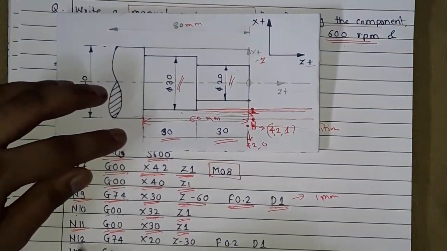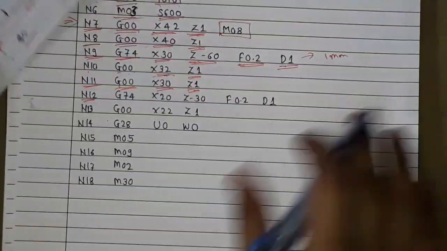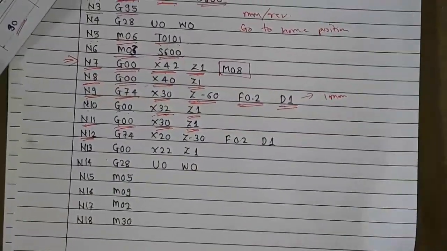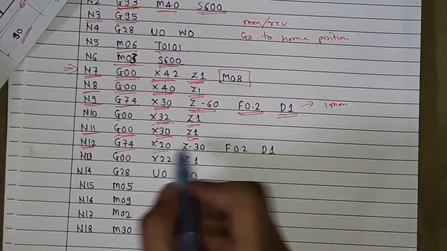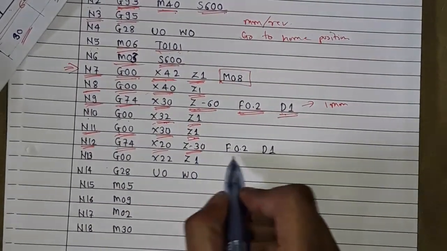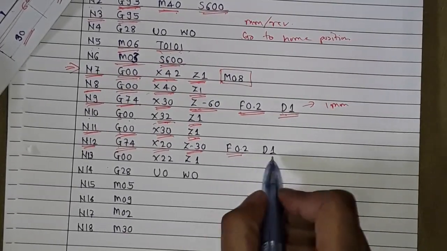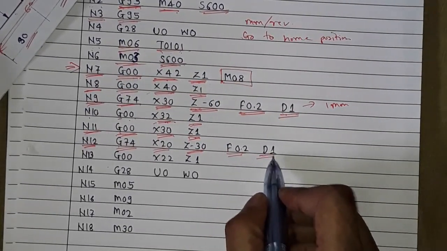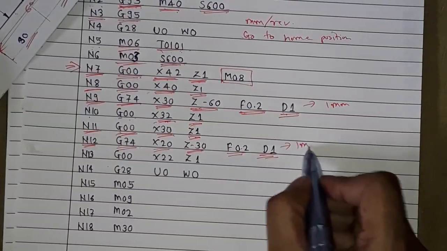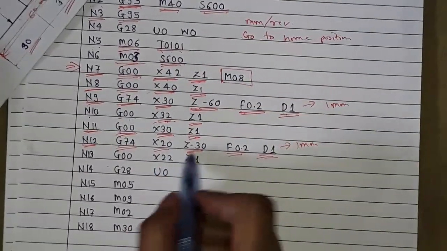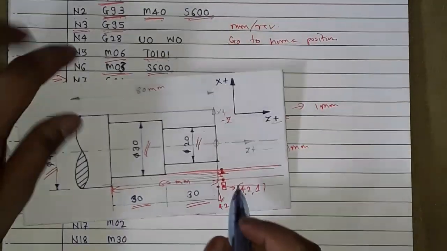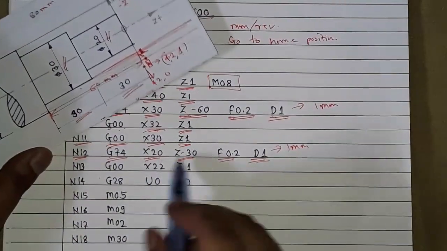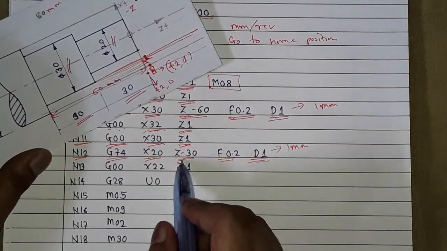Next is N12 G74 X20 Z minus 30 F0.2 and D1, that is, depth is 1 mm for each cut. Here friends, X is 20, that is, the tool goes to X20, Z minus 30.